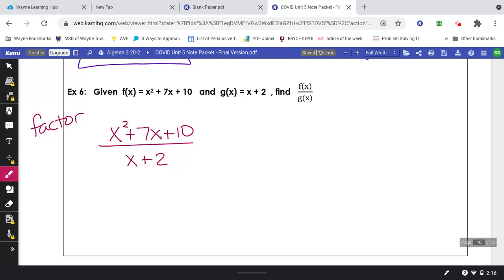Many of you learned factoring by doing the x method, trying to find numbers that multiply to 10 and add together to make 7. When you find those numbers, they'll go into parentheses just like that. They call those factors.